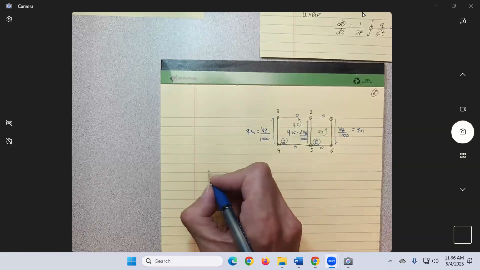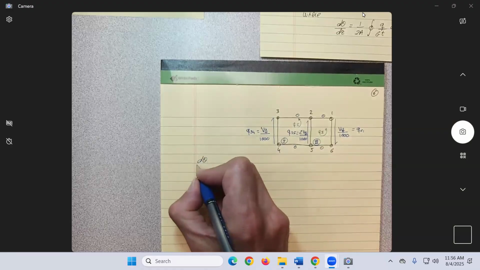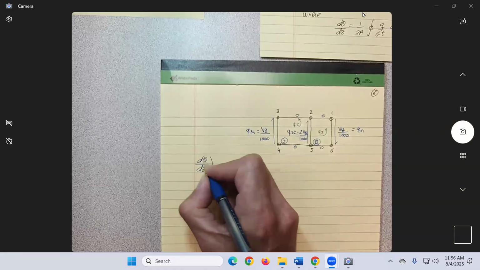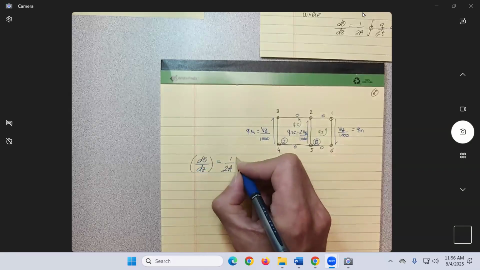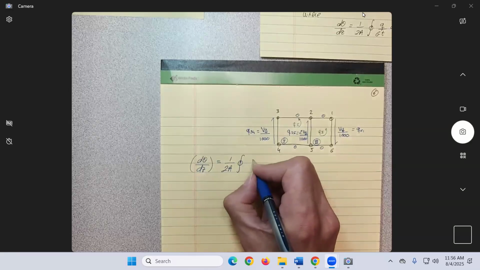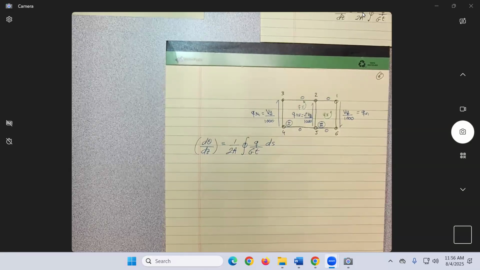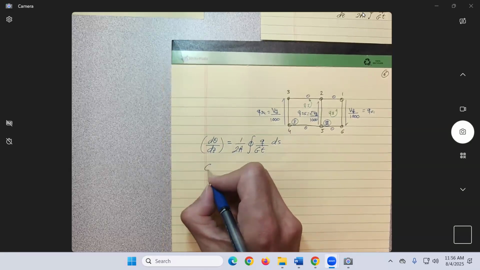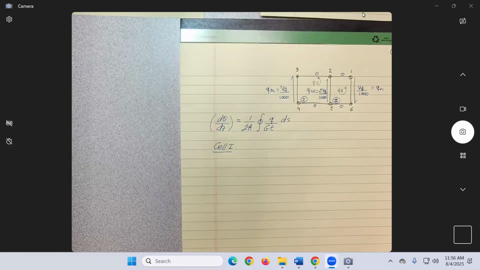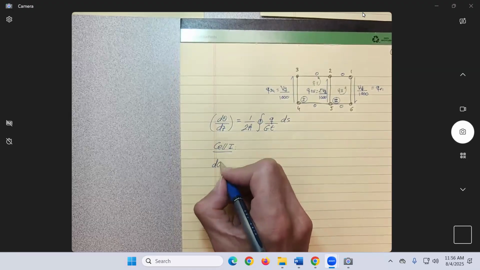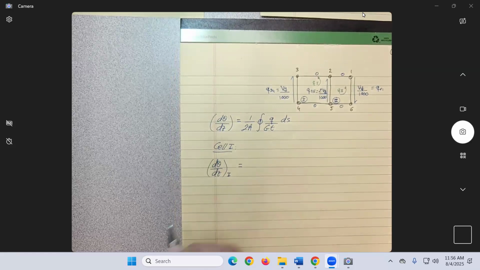Okay, so if you remember, when we do the angle of twist, let me rewrite the equation here. We have d theta dz equal to 1 over 2a integral of q over gt ds as we go around the cell. So let's do cell 1 here. So we have d theta dz of 1.